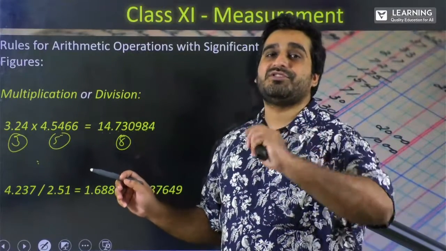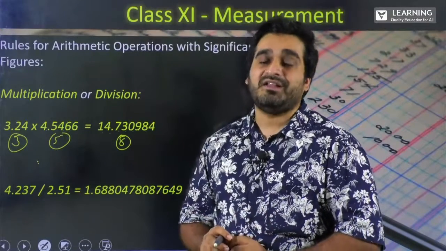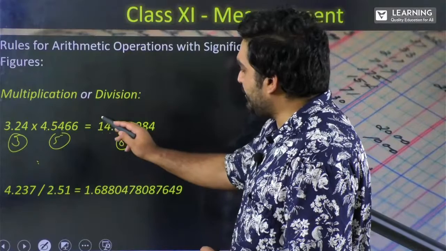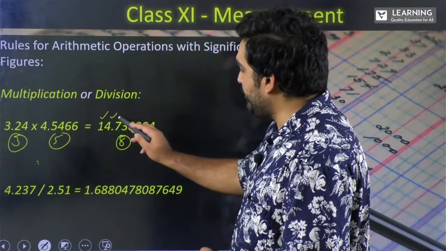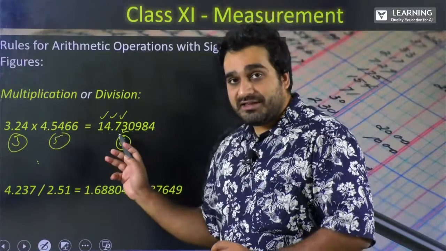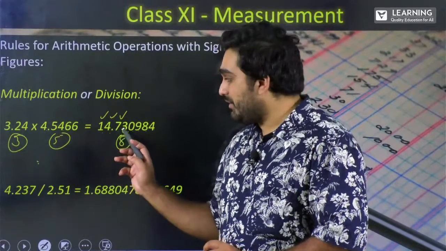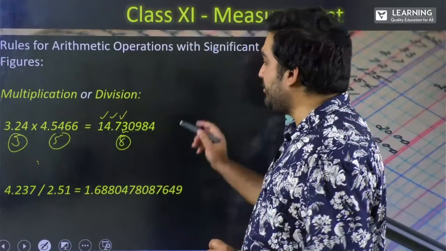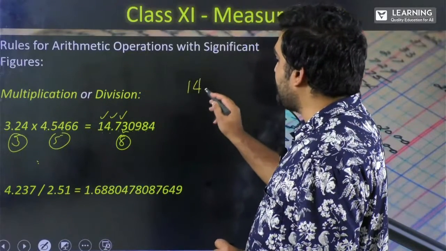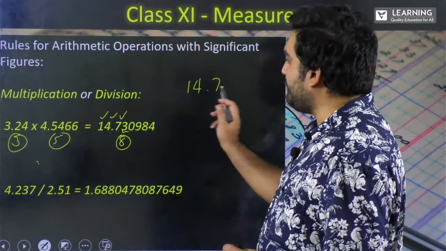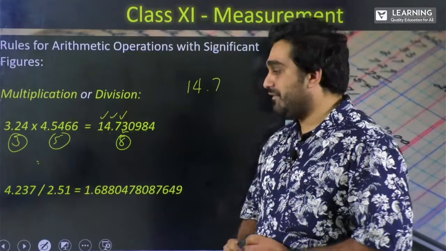That is where we use the rule called rounding off the uncertain digits. So 3 significant figures will be 1, 2, 3, and you see the number beside it. Is it greater than 5? Is it equal to 5? No, it is less than 5. And if it is less than 5, the digit stays as it is, which is 14.7. See, now you have 3 significant figures.